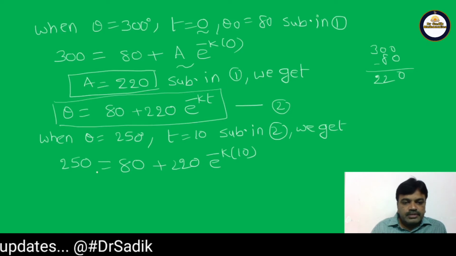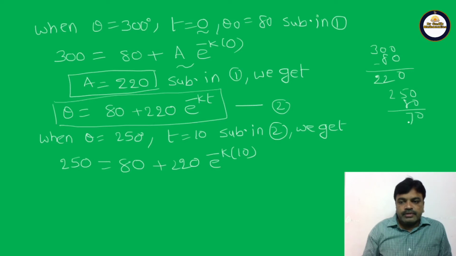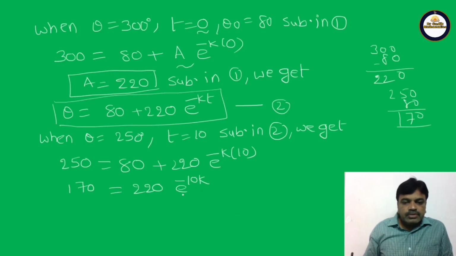So here 250 minus 80 gives 170, so 170 is equal to 220 e power −10k. Transposing, e power 10k is equal to 220 by 170; the zeros cancel.